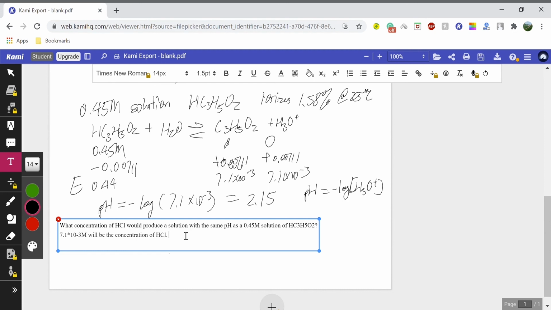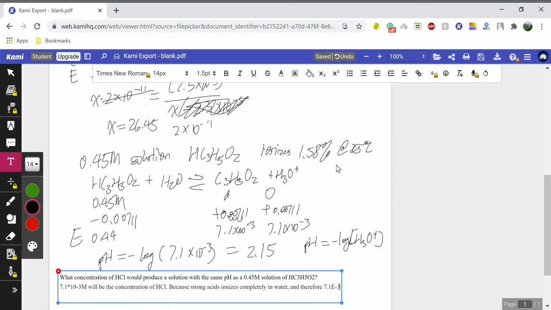This is because strong acids ionize completely in water, and therefore 7.1 e to the negative third molar of HCl will result in 7.1 e to the negative 3 molar of H3O plus, which will result in the same pH. And that is it for these practice problems. Thank you for watching.